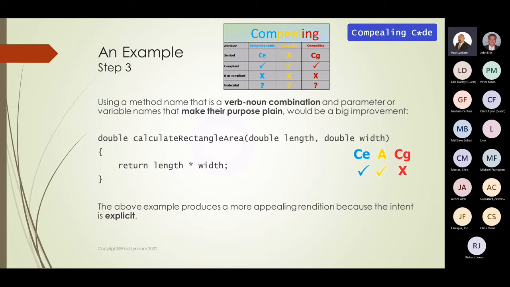We've renamed the parameters to length and width. And again, the implementation is the same, return the length times the width. So looking at this, it's both now comprehensible and, on a very superficial level, it's appealing because the intent is explicit. But again, it's not compelling in any way.